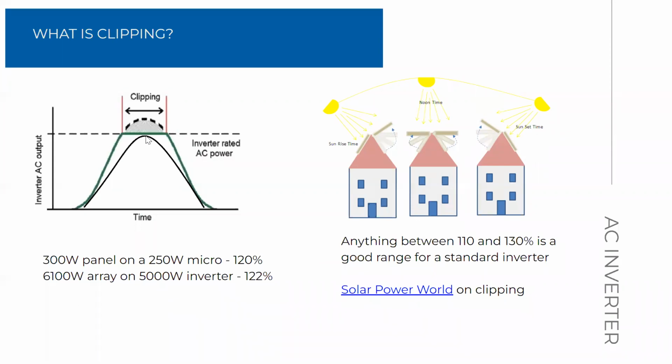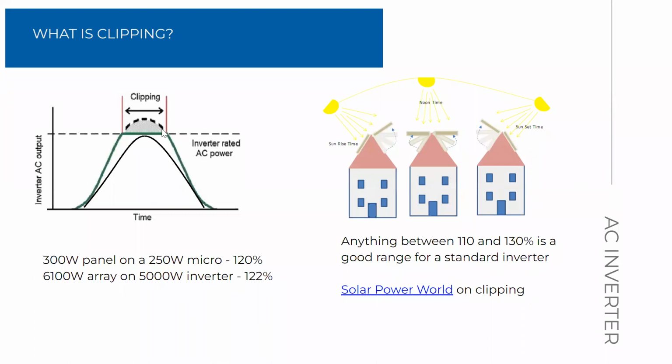It's only in my short time right around noon where I have more sunlight than I do ability to output. So the gain I'm adding in the earlier morning or the later afternoon is going to be greater than the losses I'm receiving from my inverter clipping that additional wattage.